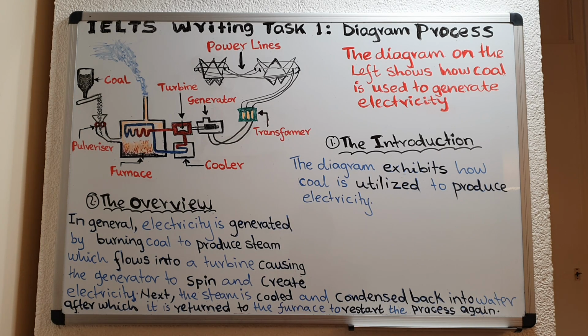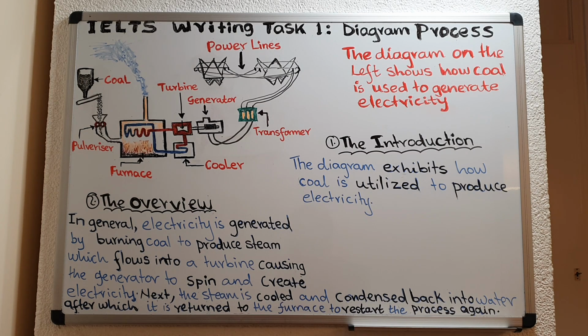Once again, steam is produced, and it flows back into the turbine, causing the generator to spin and create electricity. And then again, it's cooled and condensed back into water by the cooler below the turbine, returned to the furnace, heated again, and steam is produced. The process keeps repeating itself. So that is how coal is used to generate electricity.